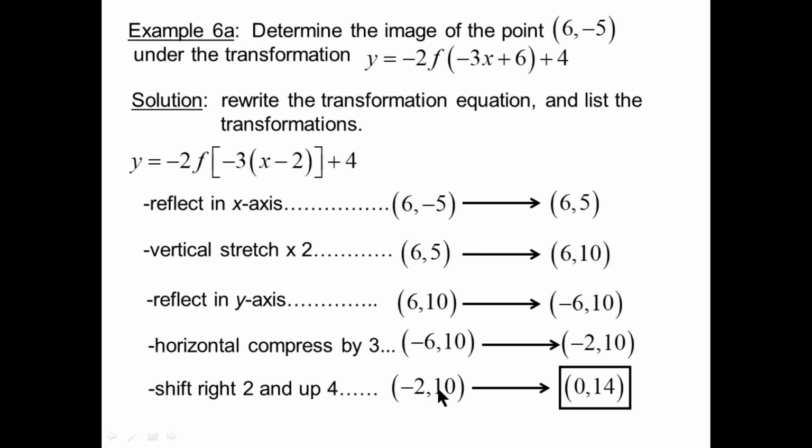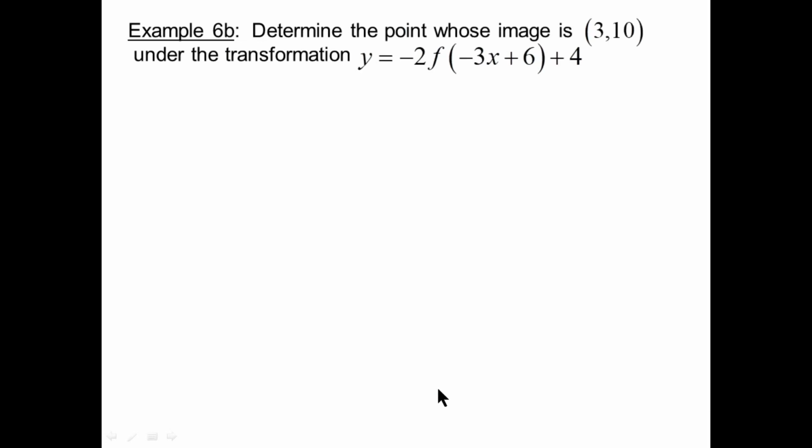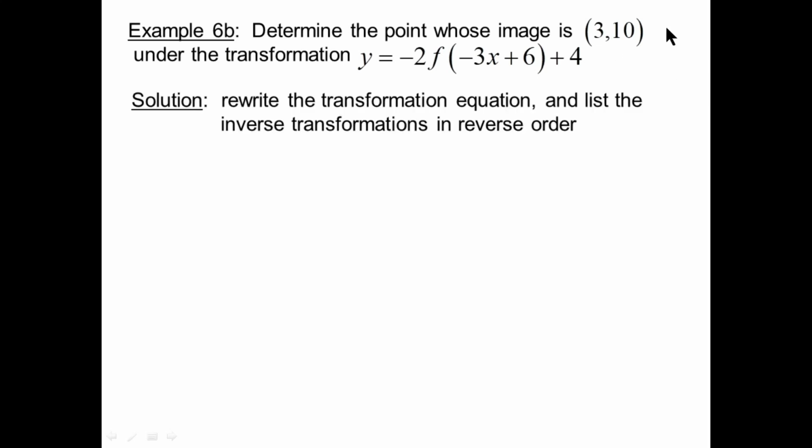And now for the second half of example 6, 6b. Determine the point whose image is (3, 10) under the same transformation. So our task is to pull back this point (3, 10). Solution: rewrite the transformation just like we did before.